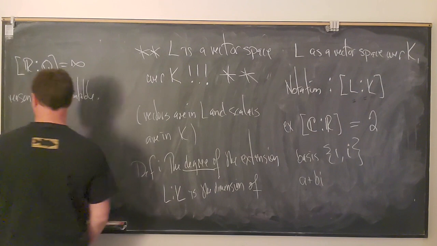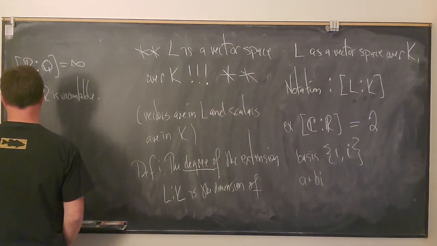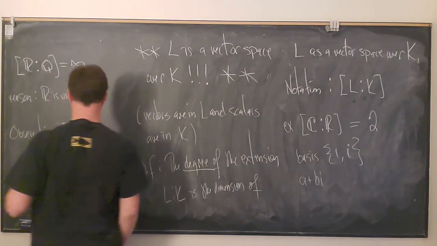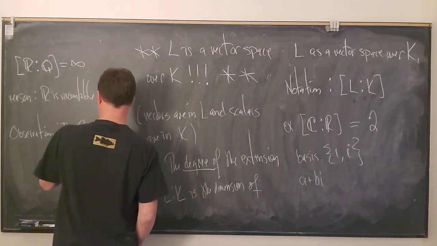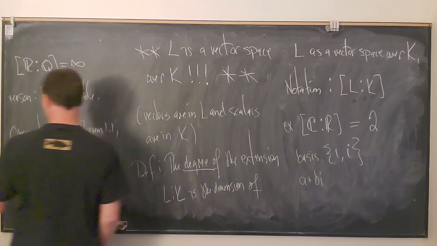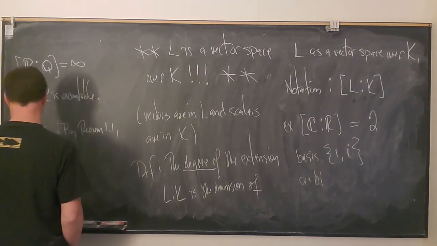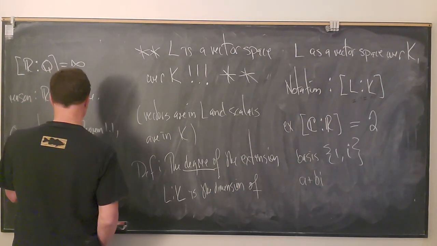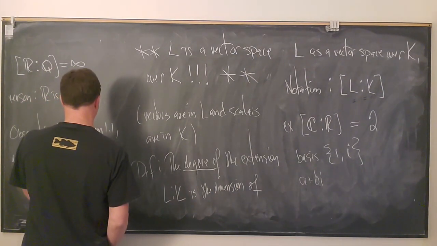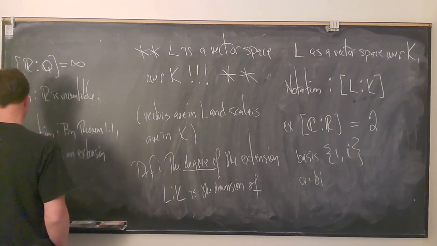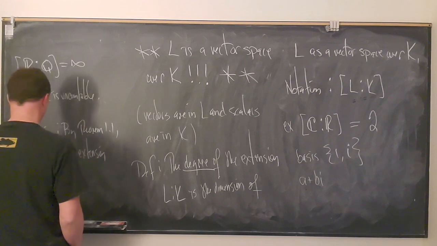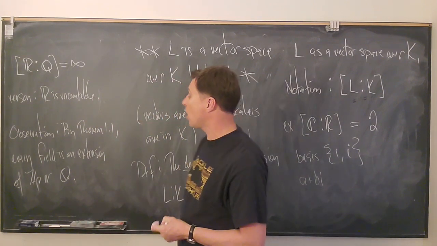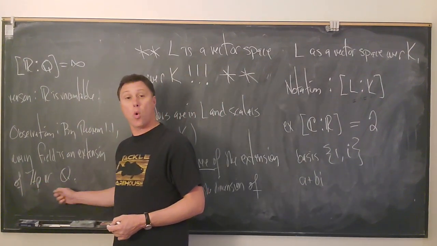So we'll say, observation: by Theorem 1.1, every field is an extension of Z_p or of Q, which means that every field can be viewed as a vector space where the scalars either live in Z_p or they live in Q.